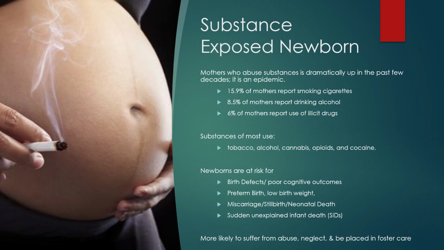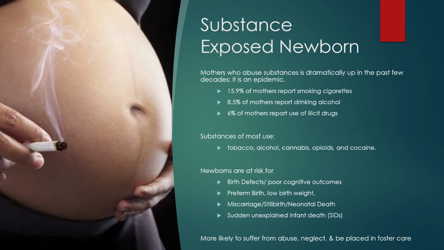So what exactly are we worried about with a substance-exposed newborn? These newborns are at risk for birth defects, poor cognitive outcomes, preterm birth, low birth weight, miscarriage, stillbirth, neonatal death, and sudden unexplained infant death, also known as SIDS. Mothers are at risk depending on the type of substance that's being used.